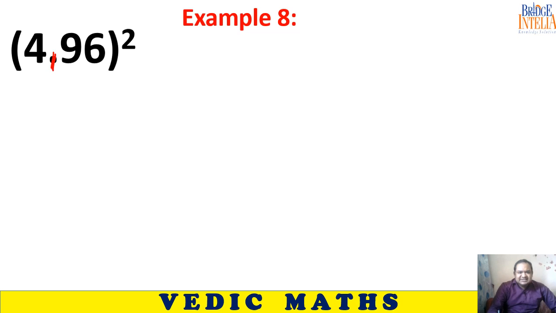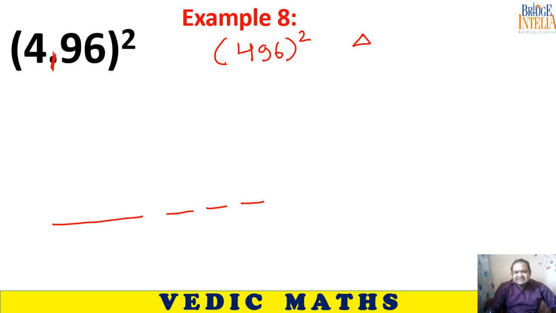We can solve this one using same logic. If you remove this decimal, this looks like 496 whole square. So first we find the value of 496 whole square, then we put the decimal. Here delta is minus 4, delta square is 16, and 250 plus delta is equal to 246.